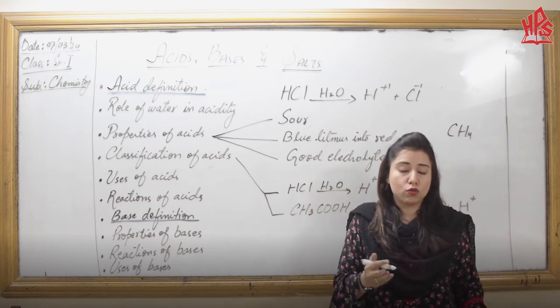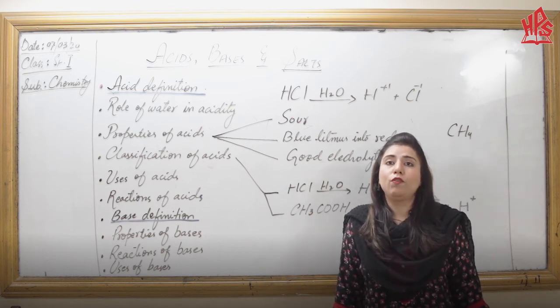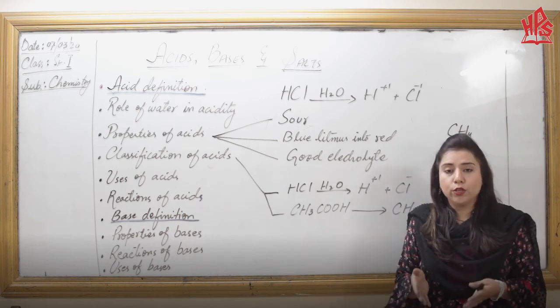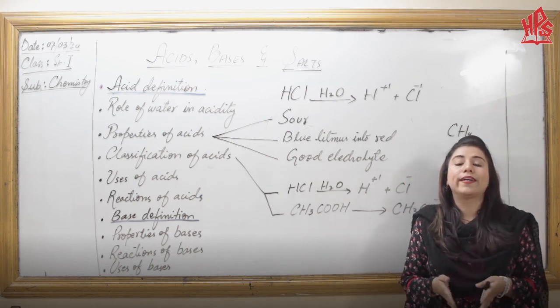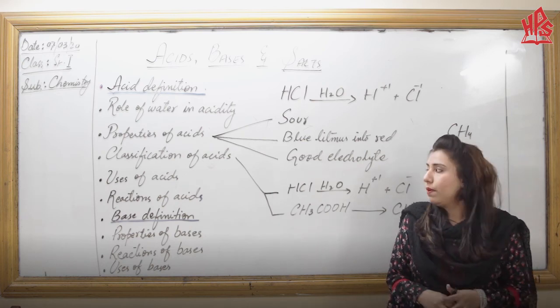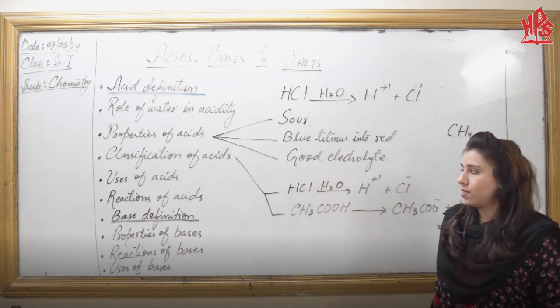These are two ways of classification. The third way is on the basis of their concentration. Some are dilute acids, in which the water content is greater, and some are concentrated acids, in which the quantity of acid is greater. So this is the classification.